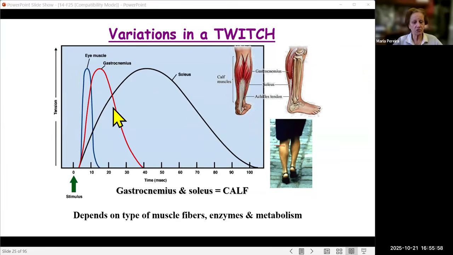So the duration of a twitch depends on the type of muscle fibers. And you will see why one twitch is so short, another is medium, and the other is so long. This depends mostly on the amount of oxygen that is available, and the type of muscle fiber. I will explain this later.